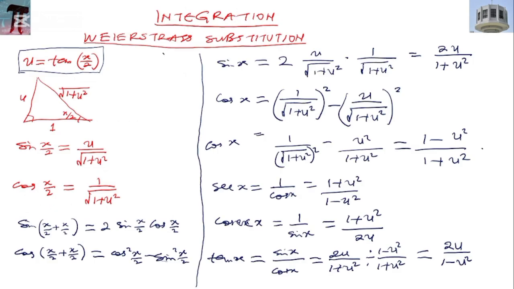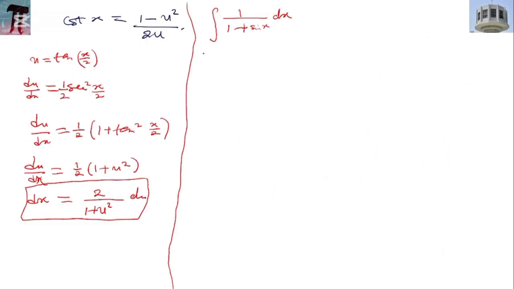We have that sine x is 2u over (1 plus u squared). So we can have this as the integral of 1 over (1 plus 2u over (1 plus u squared)). Then our dx is 2 over (1 plus u squared) du.